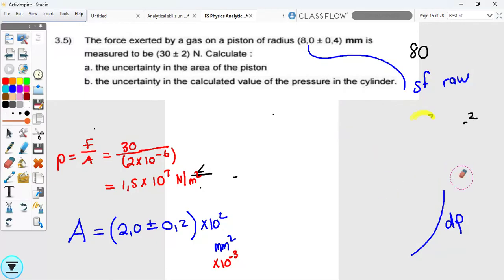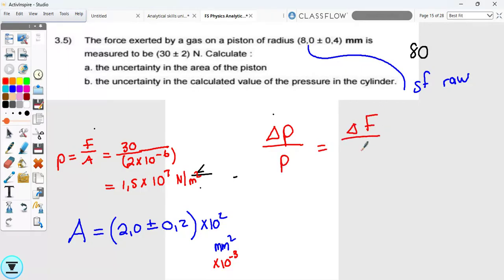So now if we go and look at our uncertainty, the fractional uncertainty in the pressure is going to be the fractional uncertainty in the force, because both of those values carry an uncertainty. Sometimes one of them doesn't, but in this case they both do.